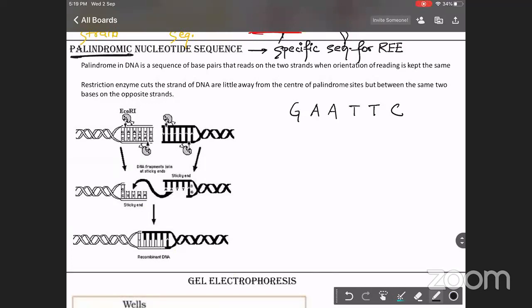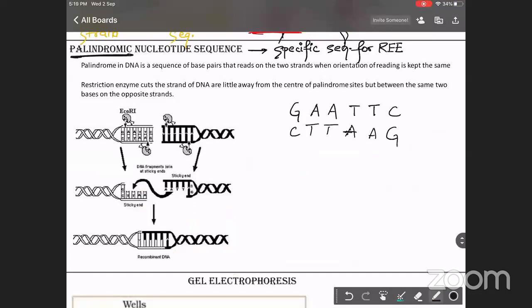GATTC. What will be the complementary of C? G. So the complementary of C is G. T, A, A, again A, T, and T, and C. So you have told me this nucleotide sequence yourselves.